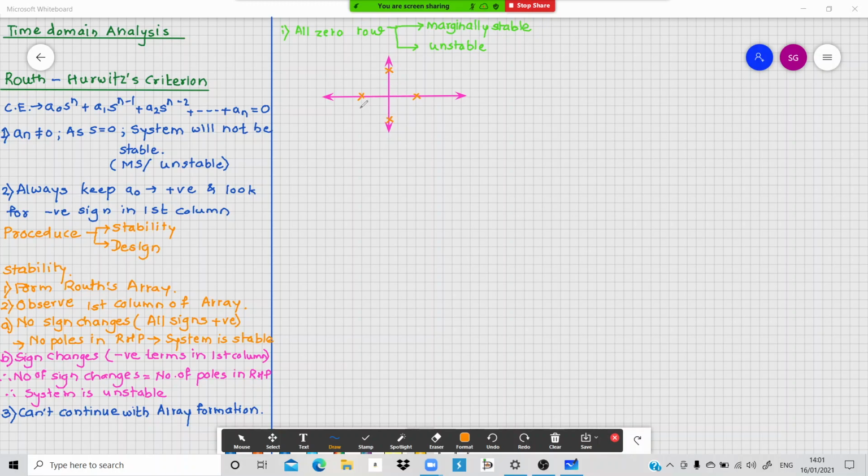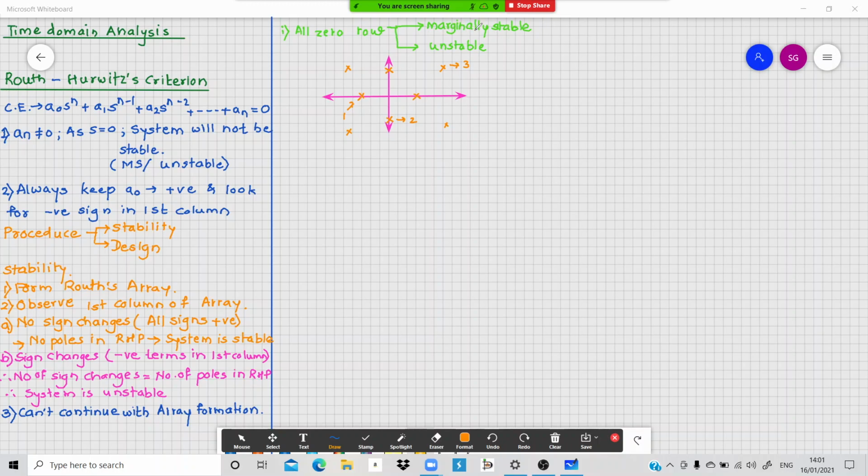So first condition, second condition, and third condition: that is, complex conjugates in the second and third, and first and fourth quadrant. So this is also giving you an unstable condition, and this is giving you a marginally stable system.